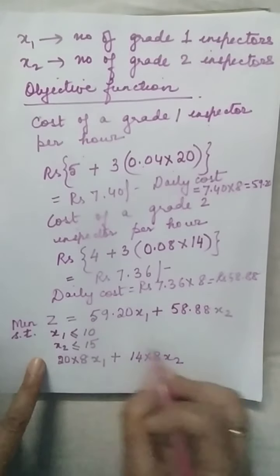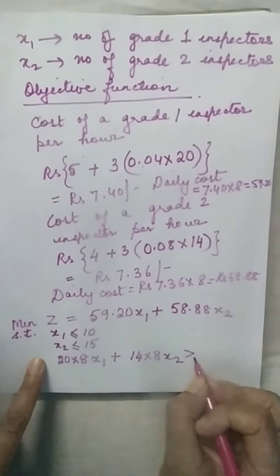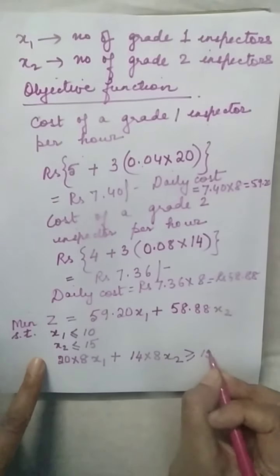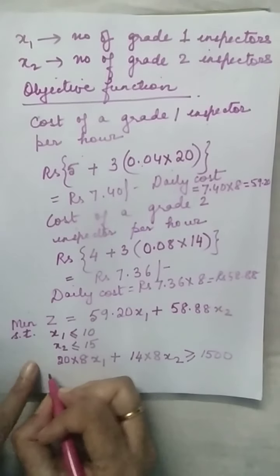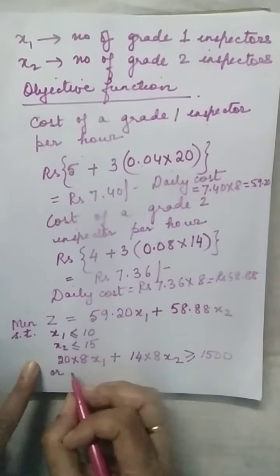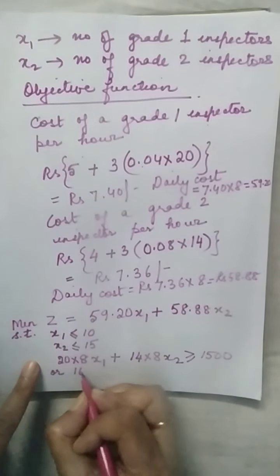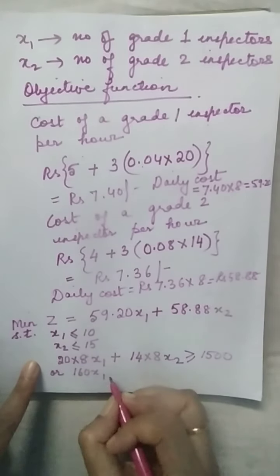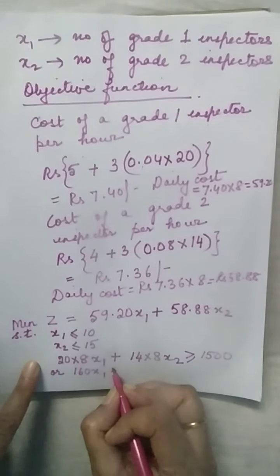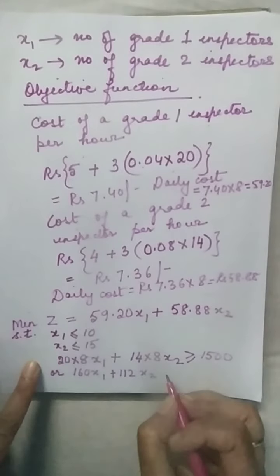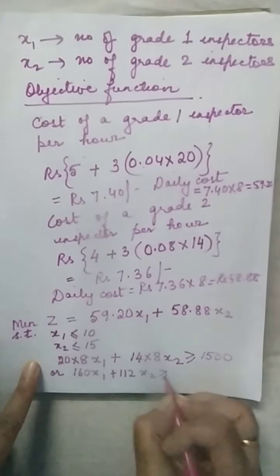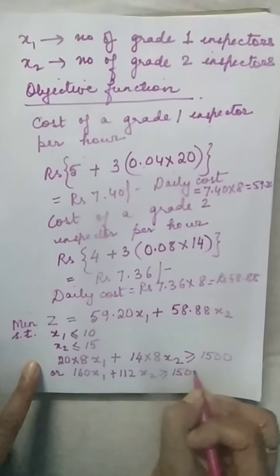This total quantity checked has to be at least 1500 per day, or if we simplify it, 160 x1 plus 112 x2 has to be greater than or equal to 1500.